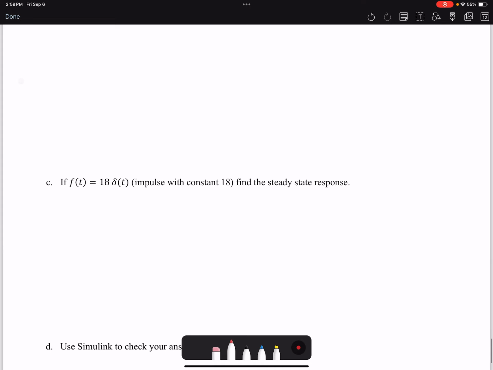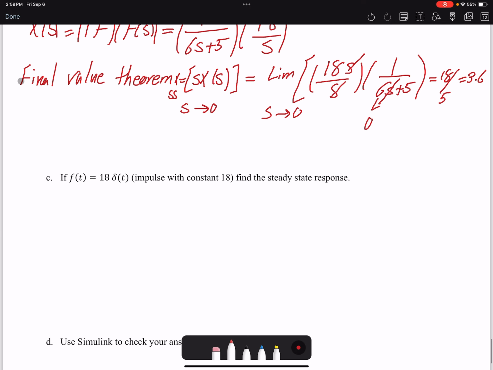Now in part C, we want to see that if our input is an impulse, what would be the steady state response? Again, the response is simply the transfer function times whatever the input is. Here the input is an impulse. The Laplace transform of the impulse would be 18. If this was a step, it would have been 18 over s.